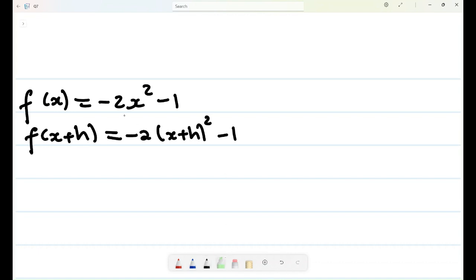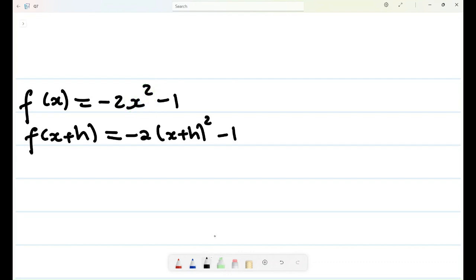Now, I always tell my students this: if your original function has x squared, it means when you start to substitute, those x squared terms should be gone, meaning the one with the highest degree power should be gone.